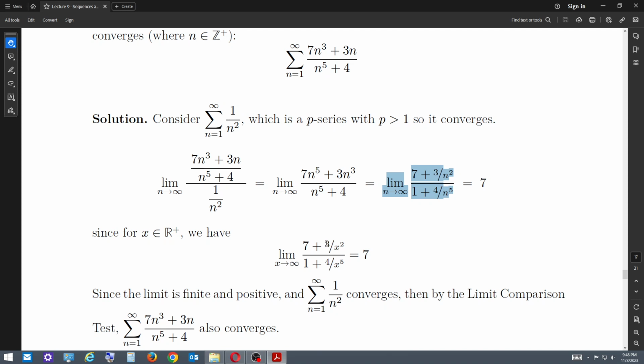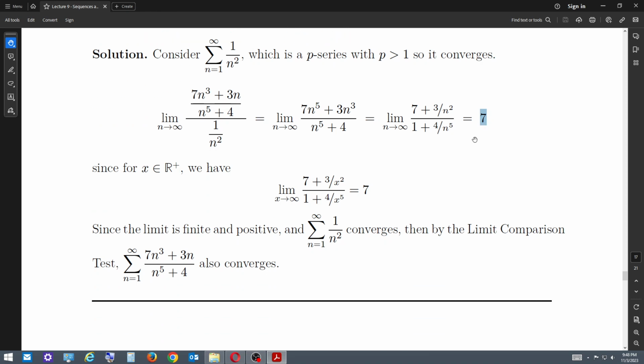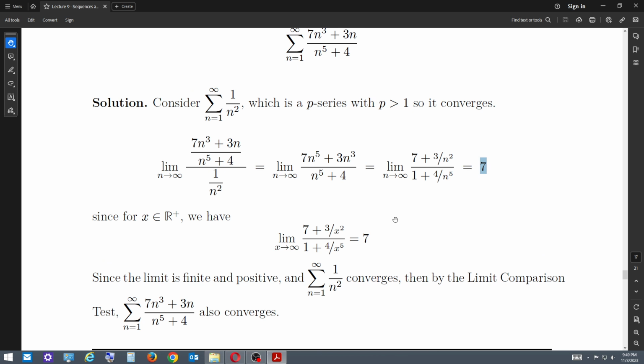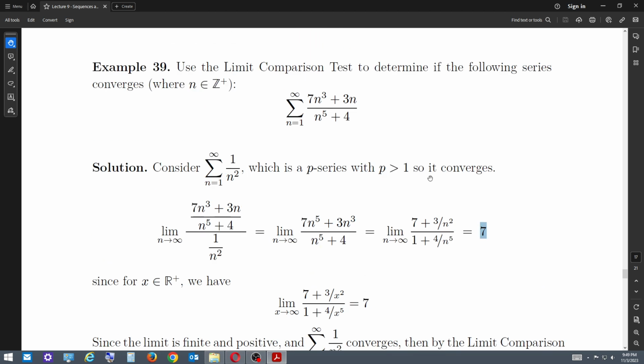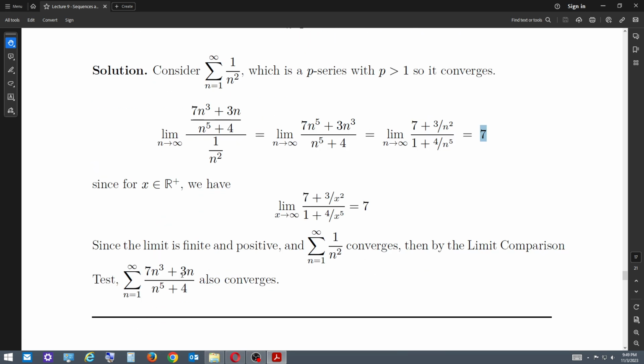We know 3 over x squared and 4 over x to the power 5 both go to 0, so we just get 7, which means that this limit up here must also be 7. Again, this is a positive number between 0 and infinity, so since this series converges, this series must also converge.